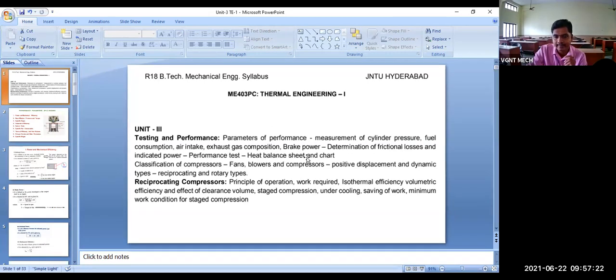Performance test and heat balance sheet also we have discussed. Now we will complete this part.